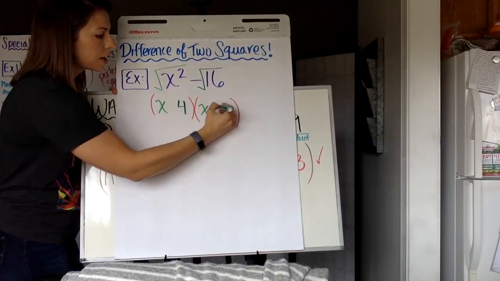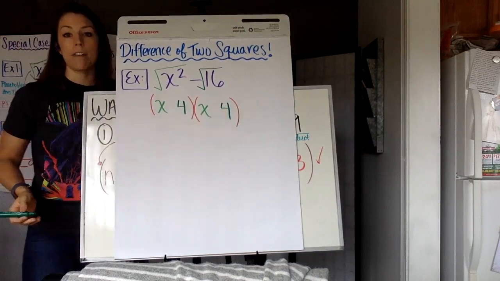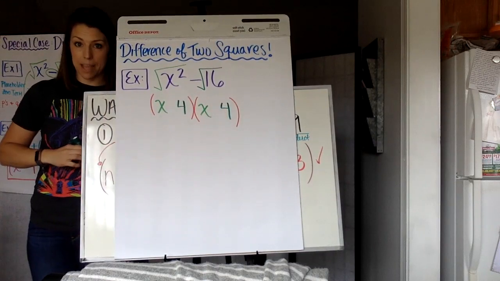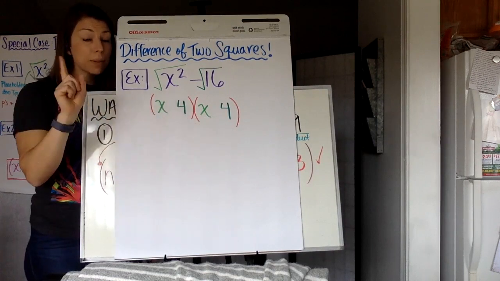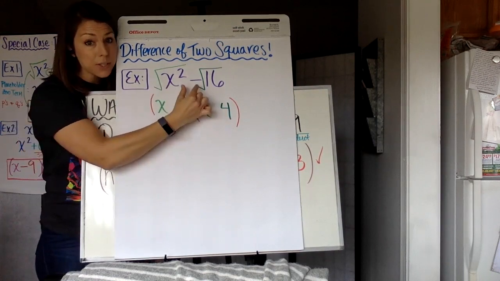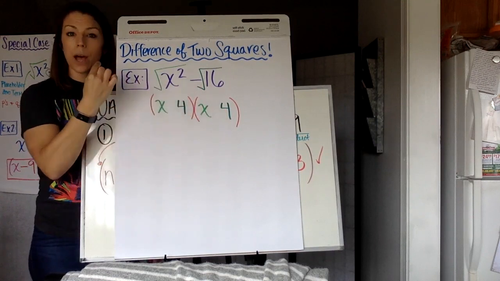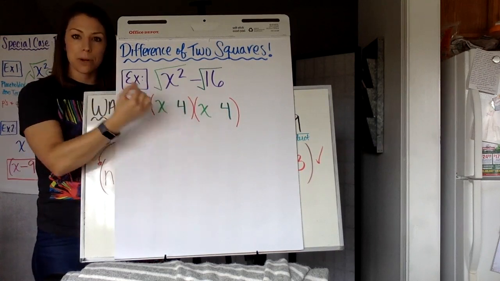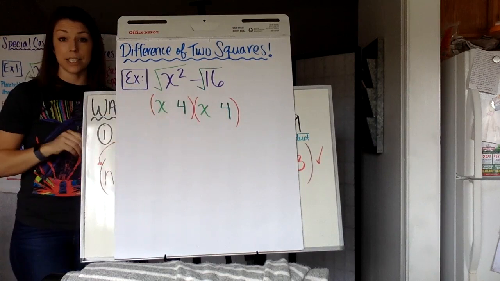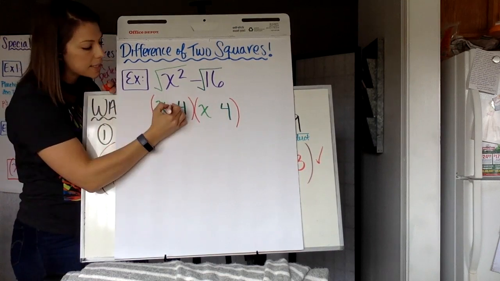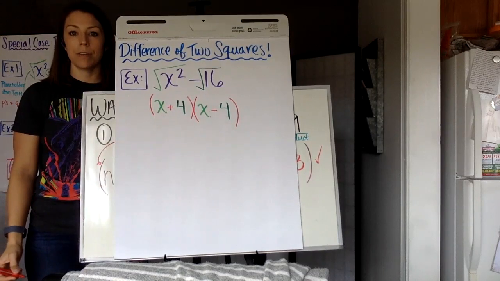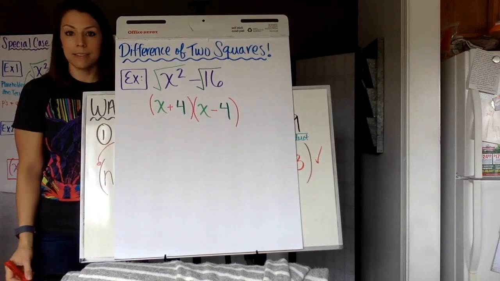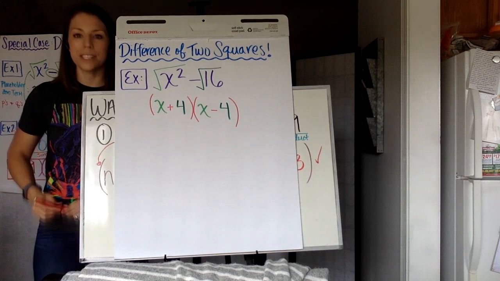That's 4 and 4. Now, I've purposely taken out something, so be careful. These 2 numbers, remember that placeholder 0? There is a placeholder 0 in here. So how do you add 2 numbers and get them to add up to 0? One of them has to be positive and the other one has to be negative. Done. That's it. We're done. That's why we call this a special case.